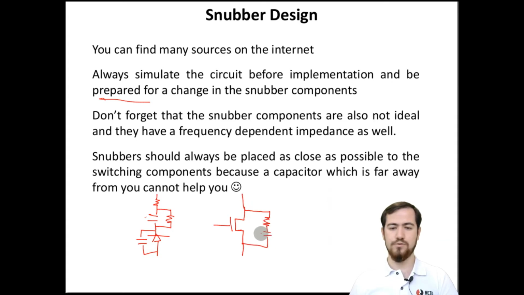So if you do not put this snubber as close as possible to the MOSFET, it causes some inductance on the layout, and this means that this snubber will not work effectively against the oscillations or the high frequency switchings. So you should always place these snubber components as close as possible to the switching components.